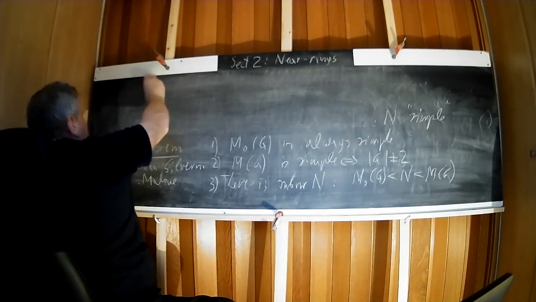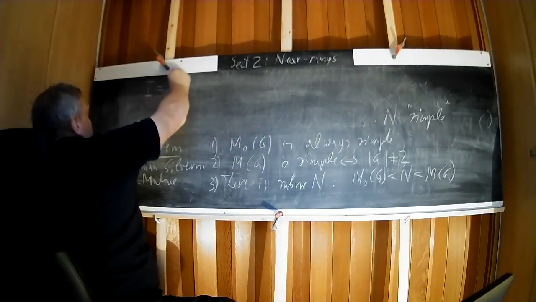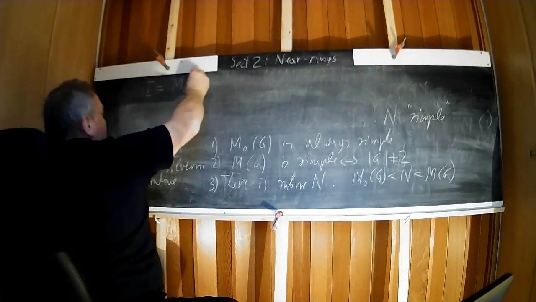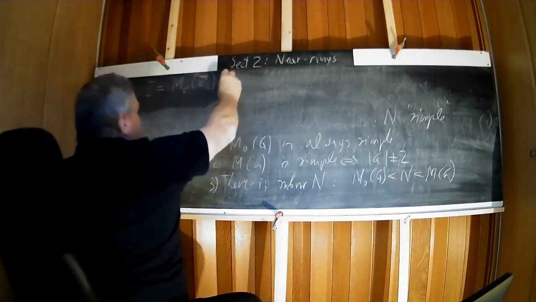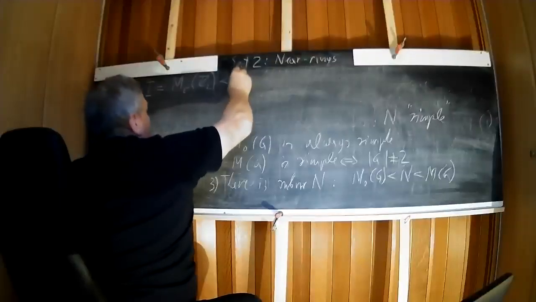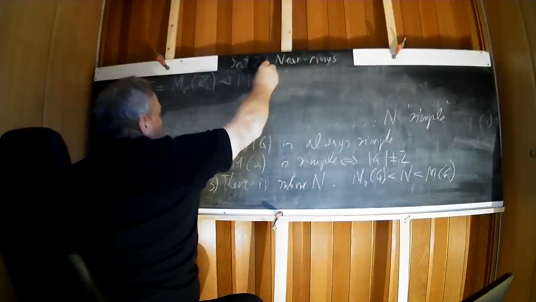Let's define it as M sub C, the constant near-ring over the two-element field. This here is really an ideal in M of Z2.